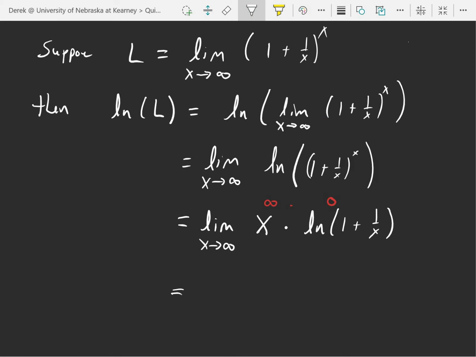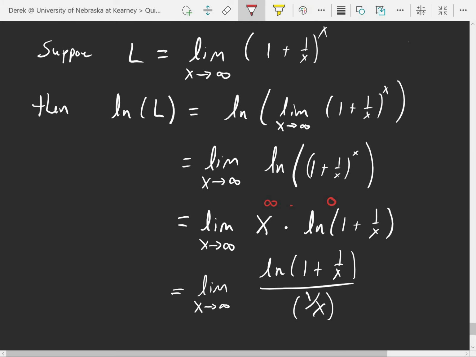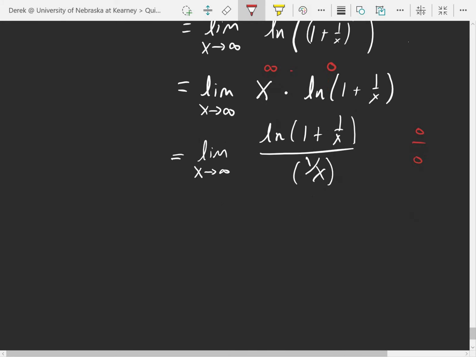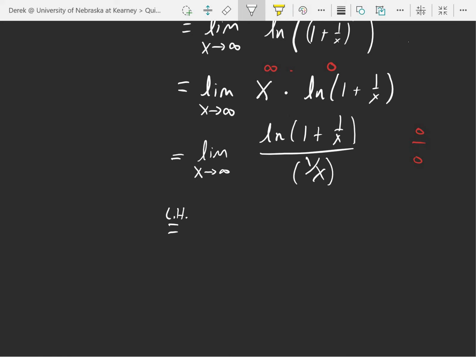Let's rewrite it then as the limit as x goes to infinity of, I'm going to write it as a 0 over 0, so the natural log of 1 plus 1 over x divided by 1 over x. Now I've got a 0 over 0 situation. We can use L'Hopital's rule. L'Hopital's rule tells me this is going to be the limit as x goes to infinity of the derivative of that.